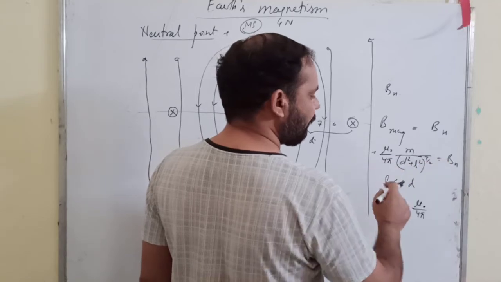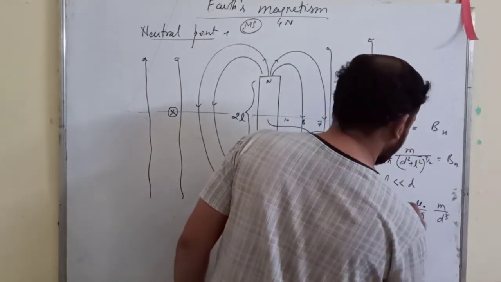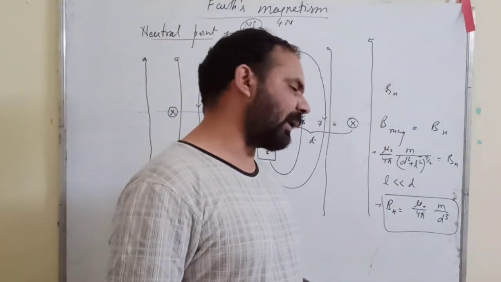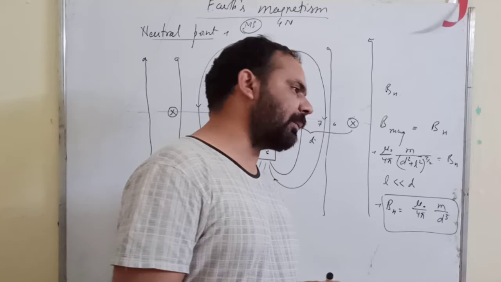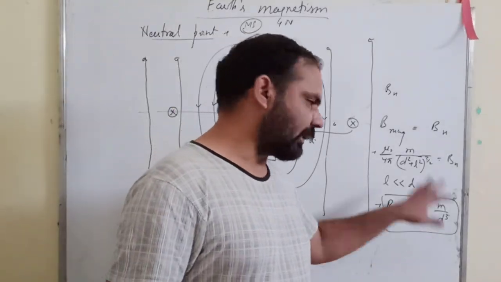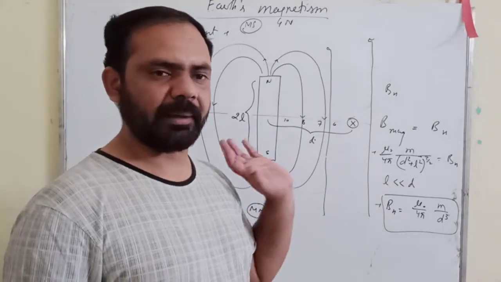So square and the power of half will cancel, and you will have m upon d cube. BH is equal to mu naught upon 4 pi into m upon d cube. What is m? m is the dipole moment. By this formula you can calculate the horizontal component of Earth's magnetic field.